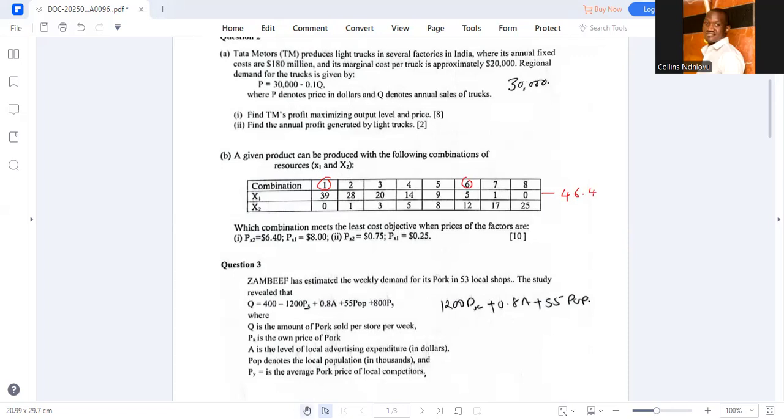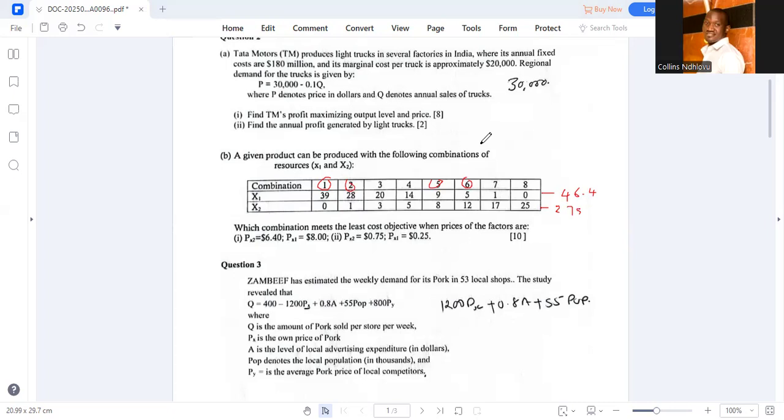And the other combination was 2.5, which gave us 2.75. So this is the concept that we have in here.